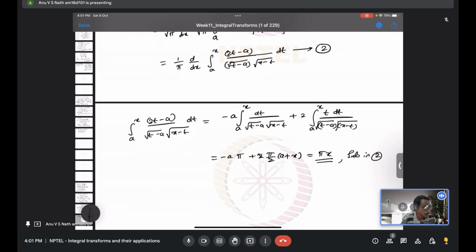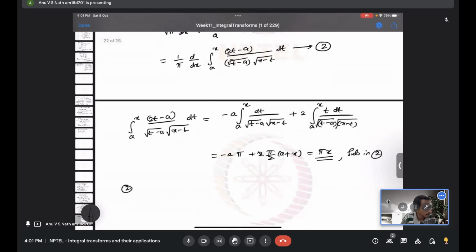You will see that d raised to half of x. Remember that we are doing a general definition with the Riemann-Liouville integral with a, everything is included. So what we are going to get is 1 by pi d by dx of pi x, which is just 1, which is indeed d raised to 1 of x.